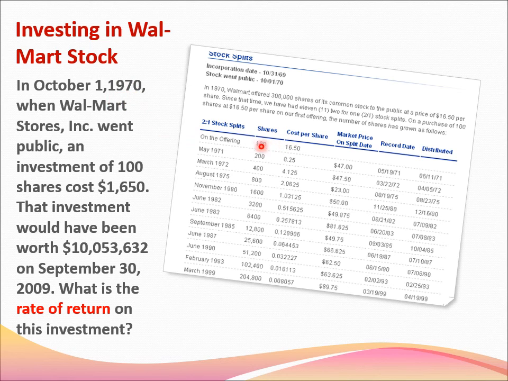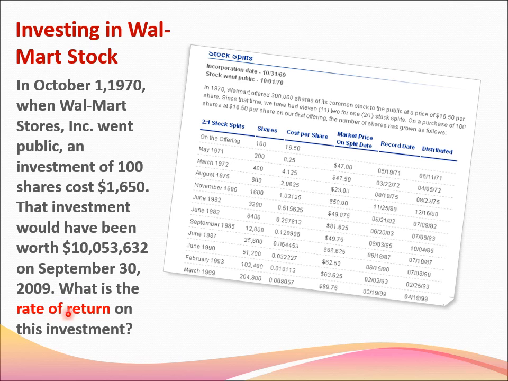If you bought, for example, 100 shares of this company, you could have bought it for $1,650. And if you keep these shares until September 30, 2009, for 39 years, the value of the share increases to $10 million, from $1,650 to $10 million. You can sell the shares for this price.